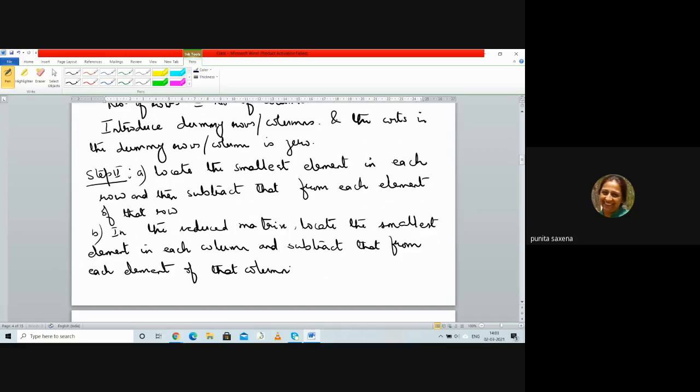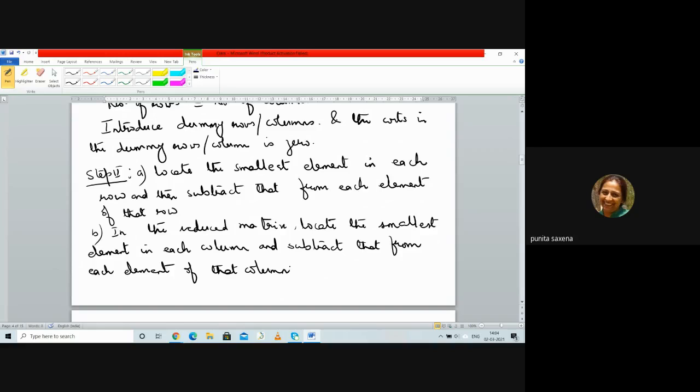Okay. So now see, when you subtract the smallest element from each row, that means you have subtracted that element from the smallest element also. ठीक है ना? So that means कहीं ना कहीं तो zero आएगा ही आएगा.